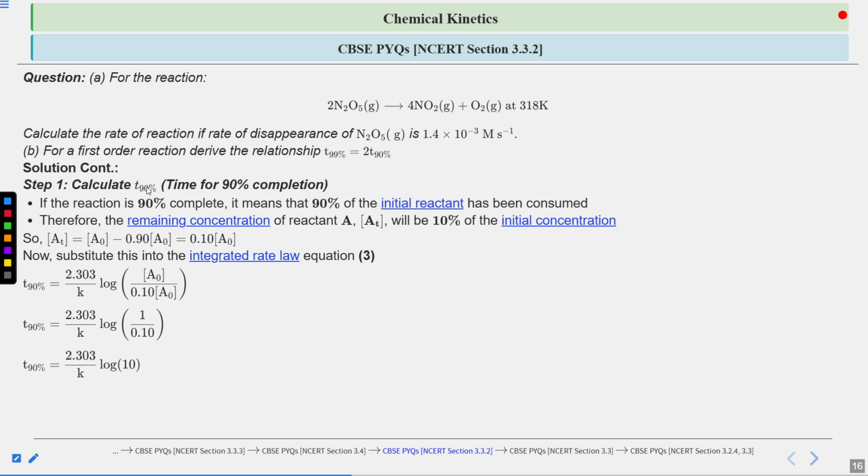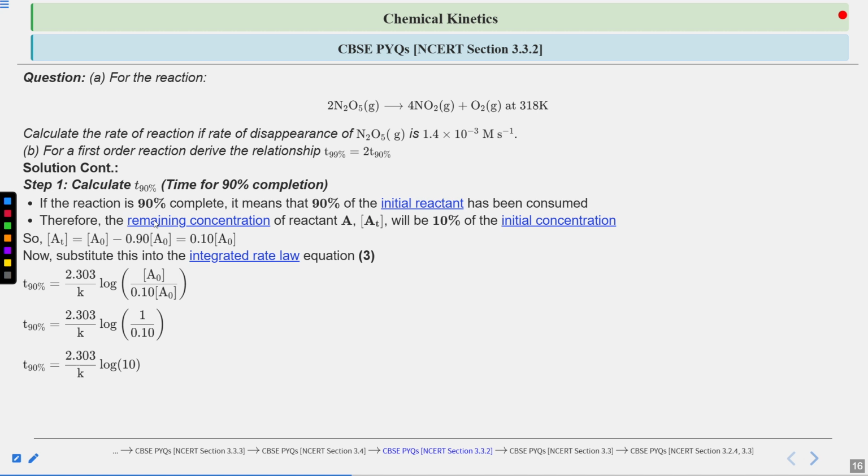So t 90% is representing the time for 90% completion of the reaction. 90% completion means, as we are undergoing first order kinetics, the initial reactant is already 90% consumed at t 90%.